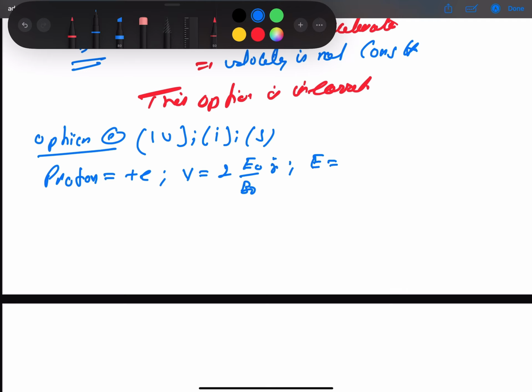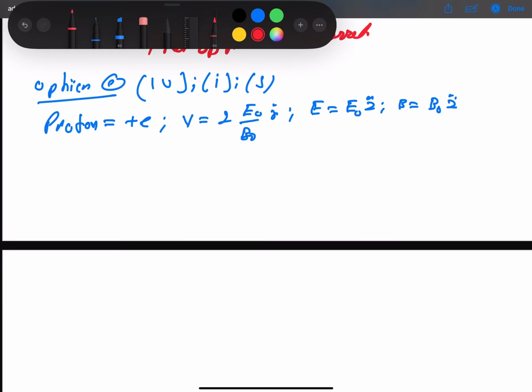We have an electric field, that is E naught Z unit vector, and the magnetic field is B naught Z unit vector. So once again we are going to find first of all V cross B. So V cross B gives us 2 E naught upon B naught X unit vector cross B naught Z unit vector. So this comes as twice E naught times minus Y unit vector.